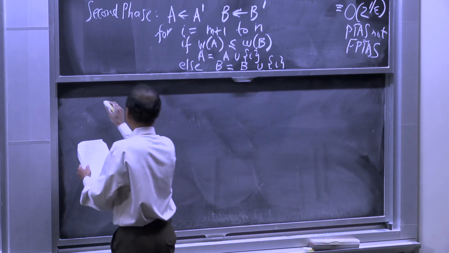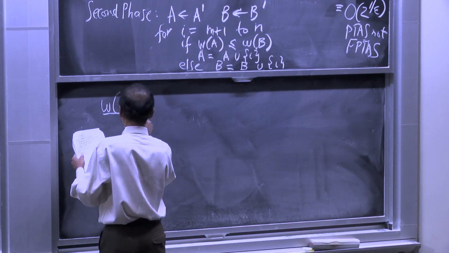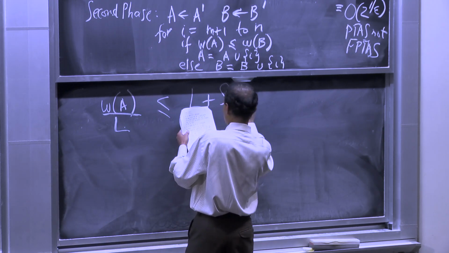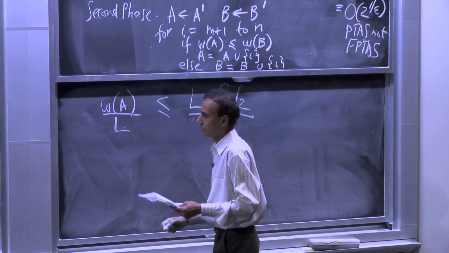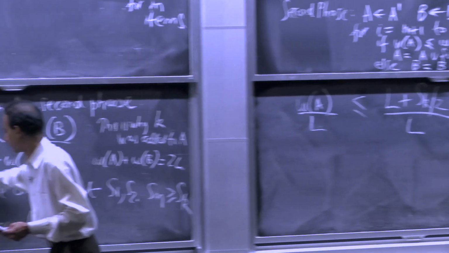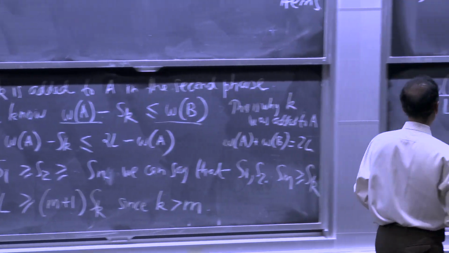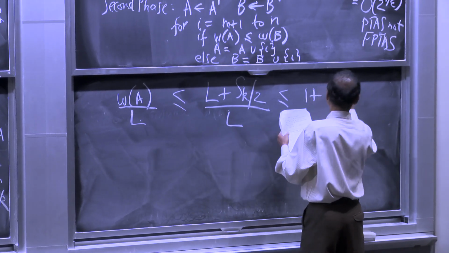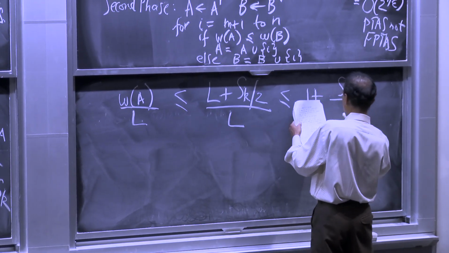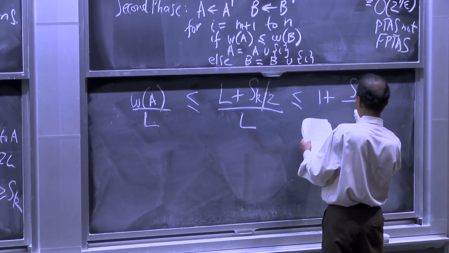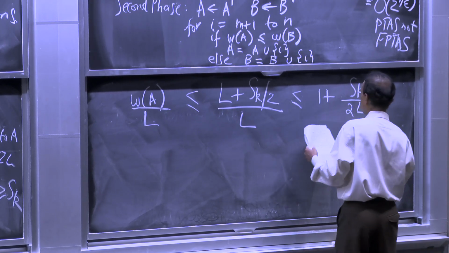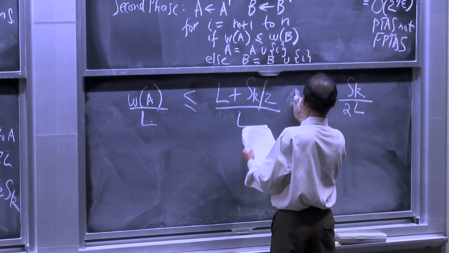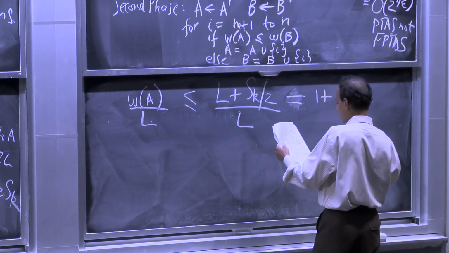All right. So WA divided by L is less than or equal to L plus Sk divided by 2, divided by L. I'm basically substituting. I have this and I have that, and I'm playing around with it. And I got 1 plus Sk divided by 2L, which is now equal.